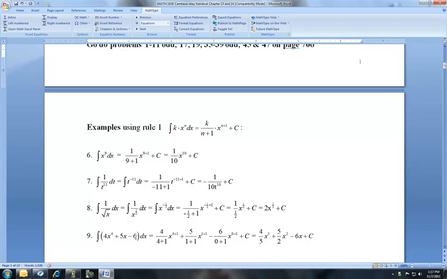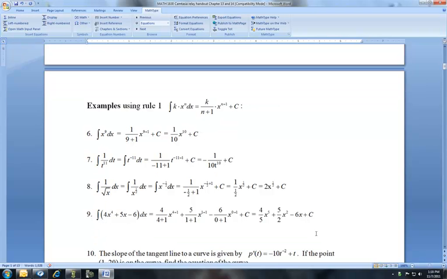Now anytime I have a constant, remember this is understood to be a negative 6x to the 0. But when I go 0 plus 1, I get my 1. So you can do it like this initially, but I think you can still get to this part here. Now if you leave off the plus c, I will count off because that technically is not the answer.